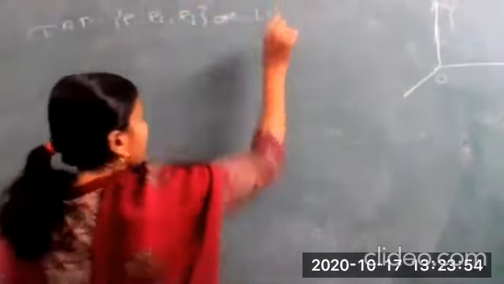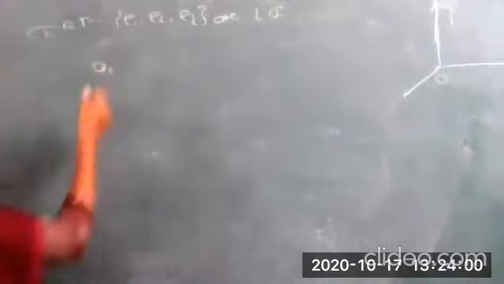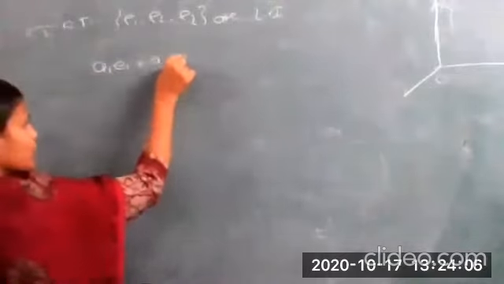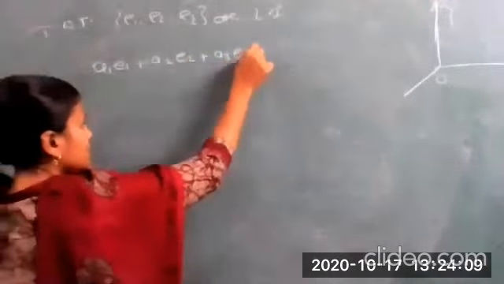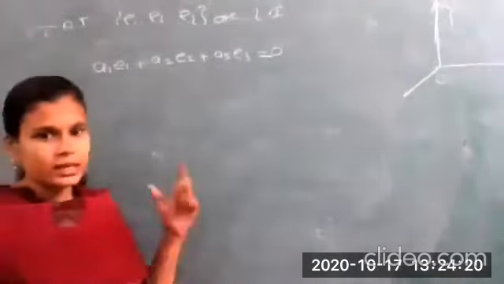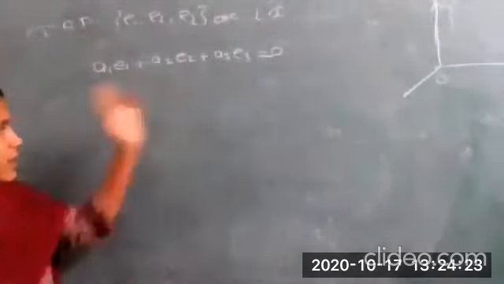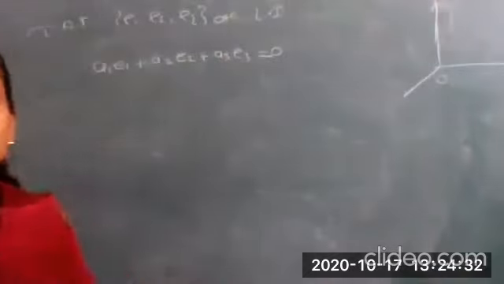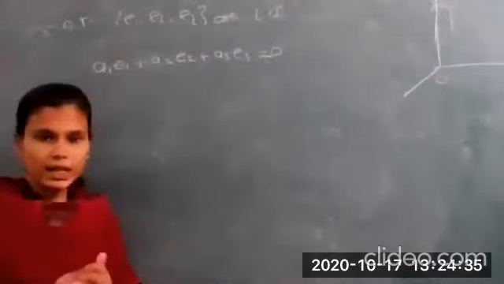To prove any vectors to be linearly independent, we take the scalars with A1 E1 plus A2 E2 plus A3 E3 equal to 0. We are taking a linear combination of E1, E2, E3. If I prove all the Ai are equal to 0, then the vectors are linearly independent. If at least one of them is non-zero, then we say they are linearly dependent.